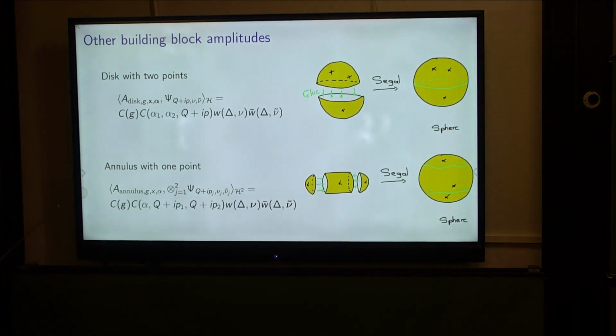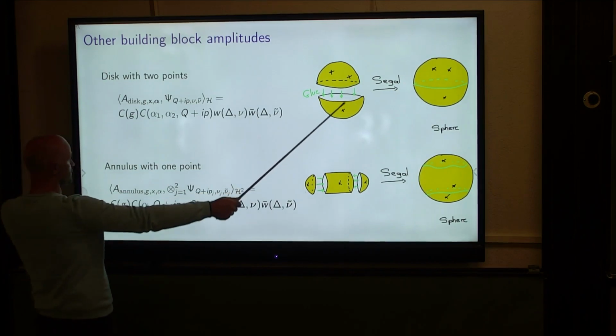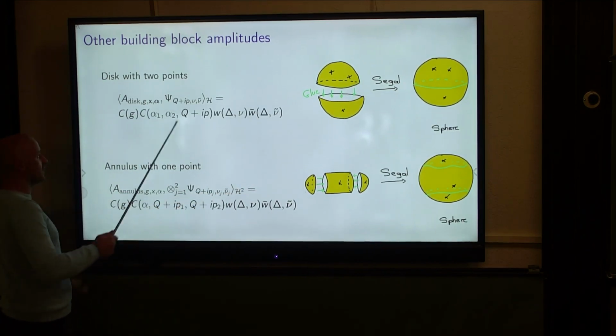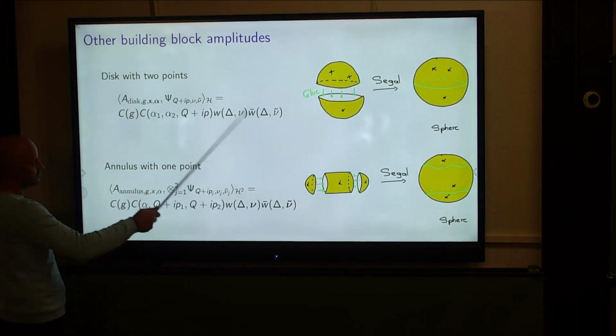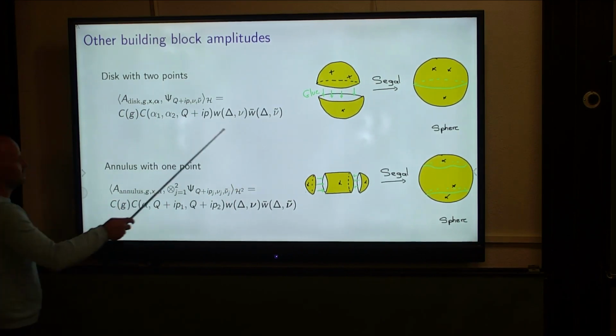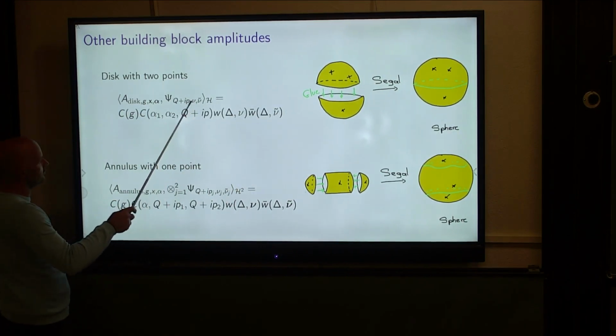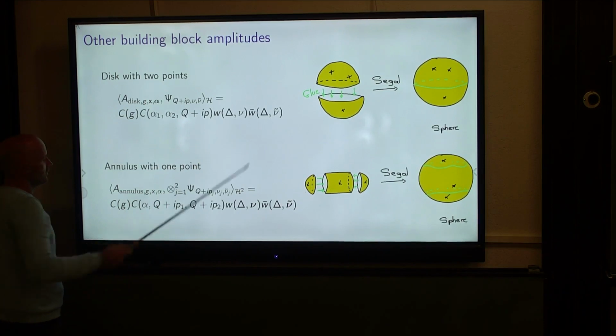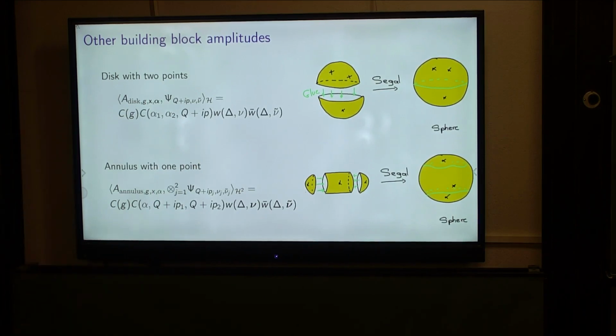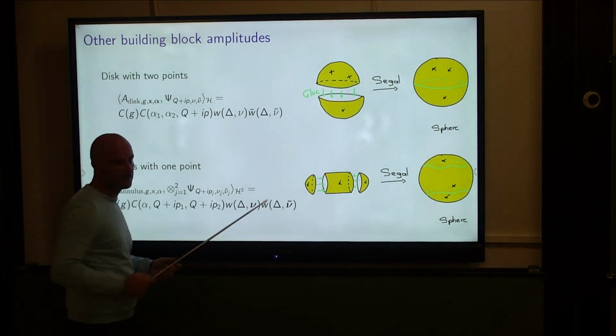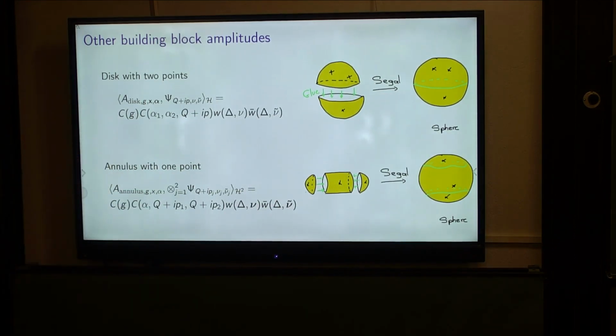So again, it's those coefficients. And when you plug in the descendants, you still have this W, except that now you have only one nu. In the case of the annulus, you have 2 nus, but this is the same story. For the annulus, you just glue 2 disks at the ends of the annulus, and you get a sphere.